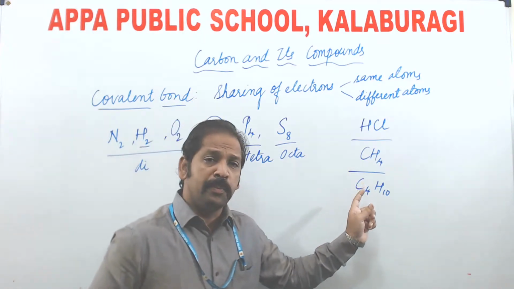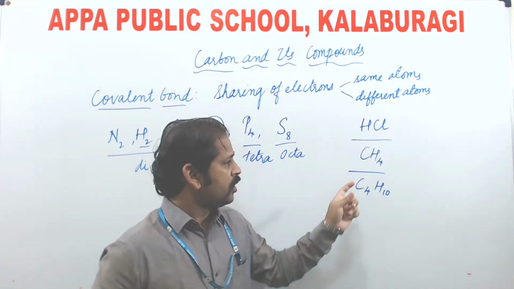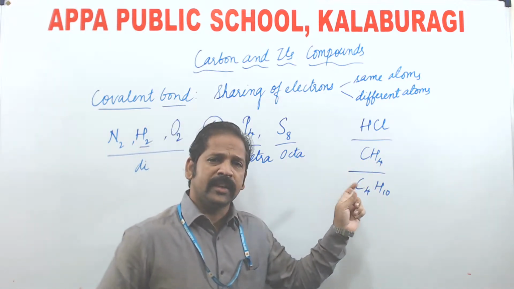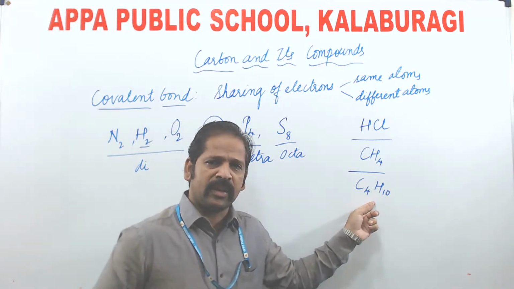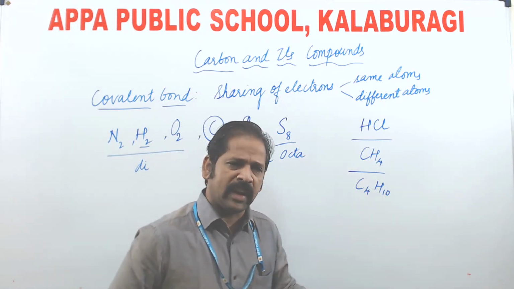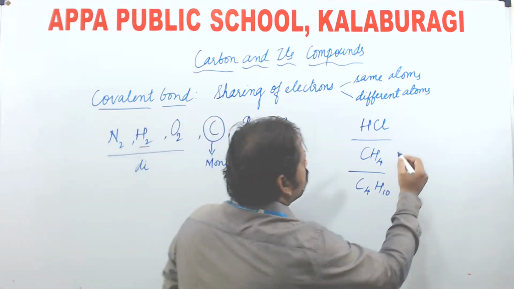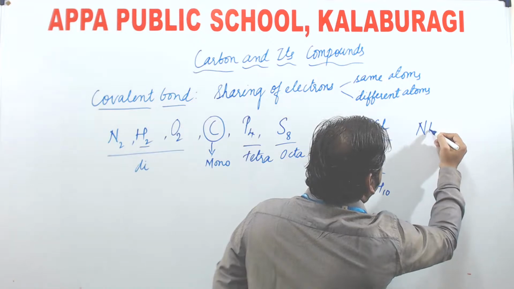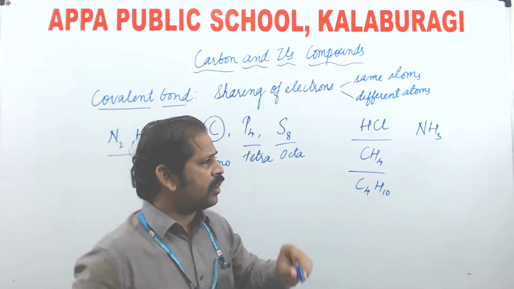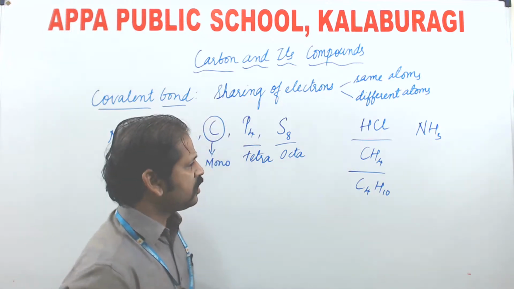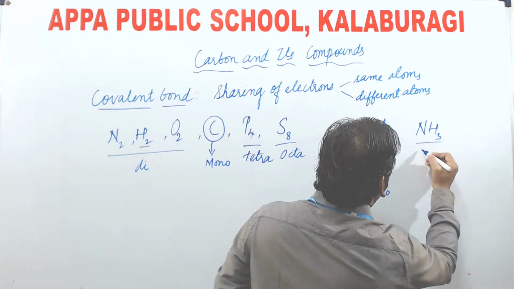C4H10 is butane. Butane is used in LPG, CH4 is used in CNG, compressed natural gas. LPG is liquefied petroleum gas. Hydrogen chloride. NH3 is ammonia. Or you can take H2O.